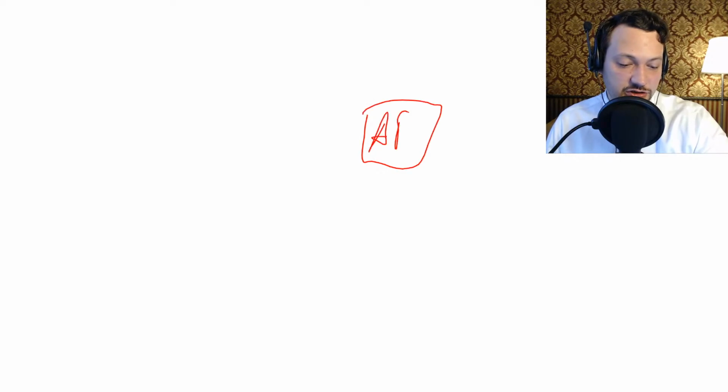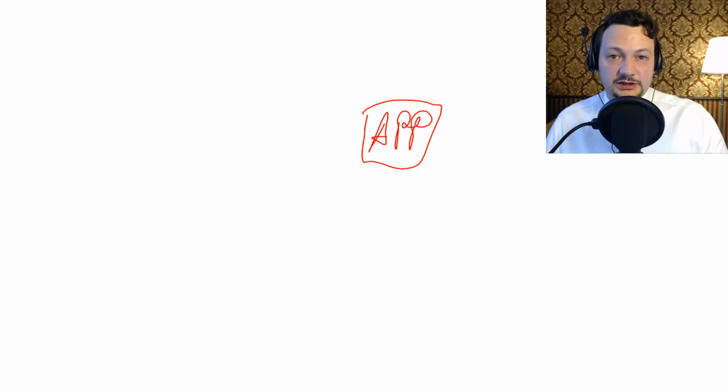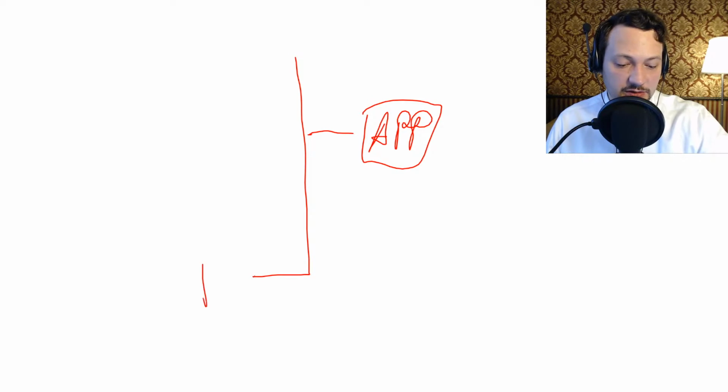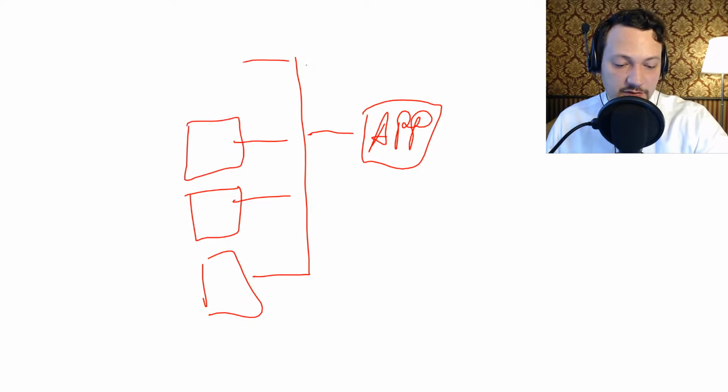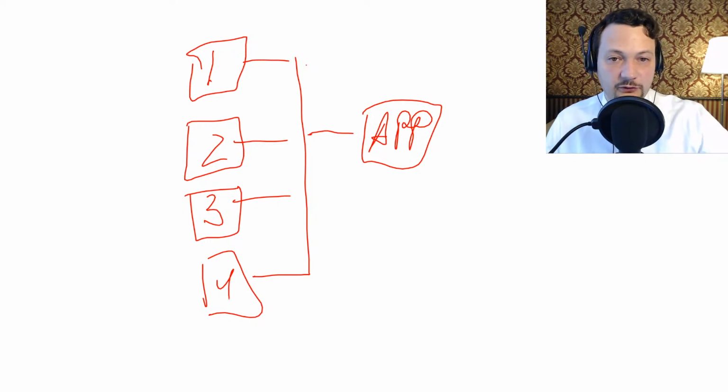Elastic load balancing means that when you have your application, this is logically one application, but if you're developing a scalable solution, this logical one application would be scaled between several copies of Elastic Compute Cloud instances. This is 1, this is 2, this is 3, and this is 4. So one logical application is distributed between 4 nodes.